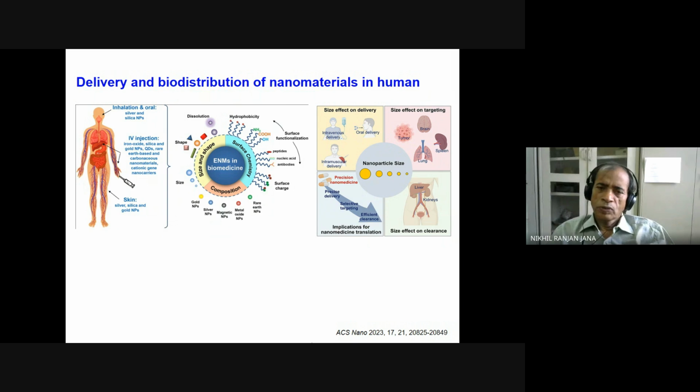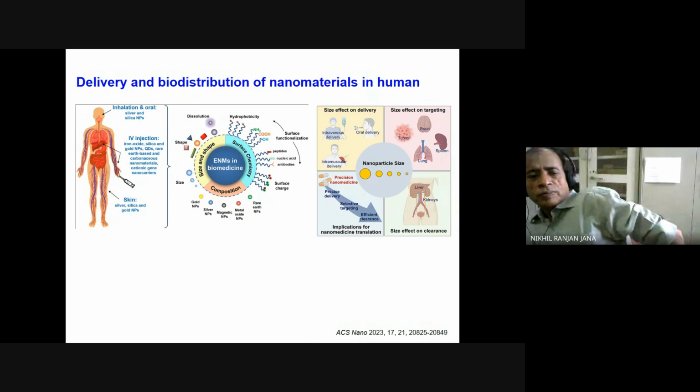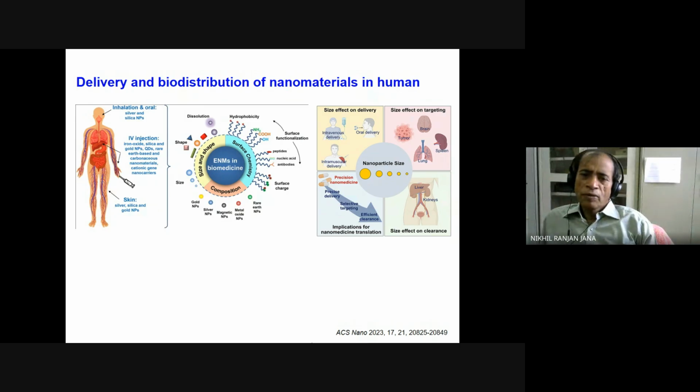And for that, you have to know many things. Here is an example. Let's say you inject your nanoparticles into the body, either via skin, via injection or inhalation, or by oral delivery, where will they go? And the middle one is actually composition. There are many ways of making different compositions. There is a size effect.